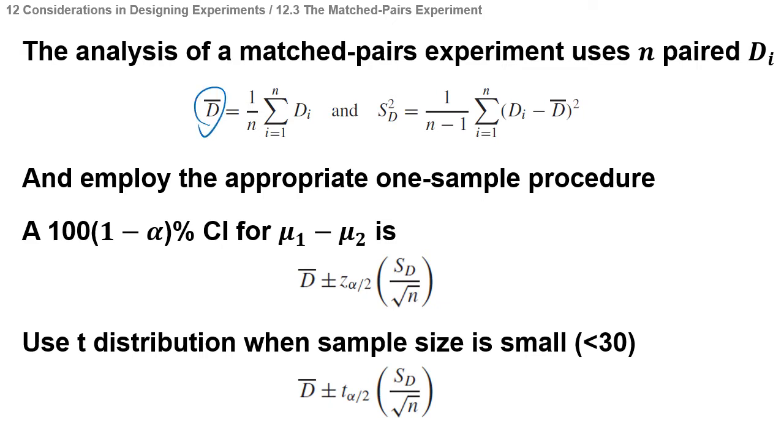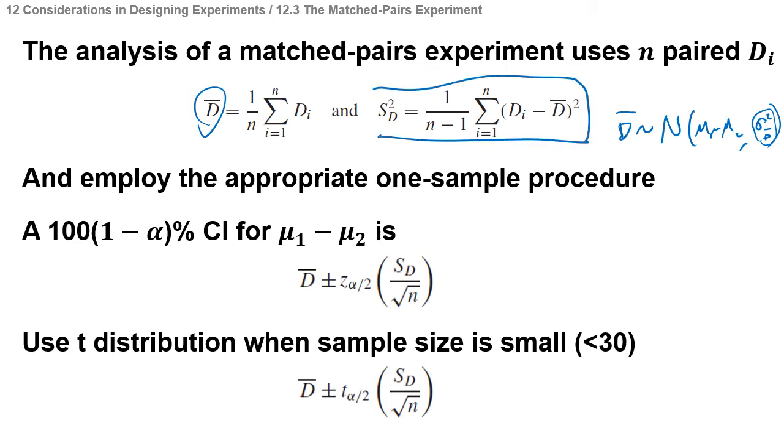As n goes large, d bar follows a normal distribution with mean mu1 minus mu2 and variance sigma d bar square, and an estimator for sigma d bar square is this. d bar is the mean of the di's, so we use d bar as our test statistic and employ the appropriate one-sample procedure on d bar.